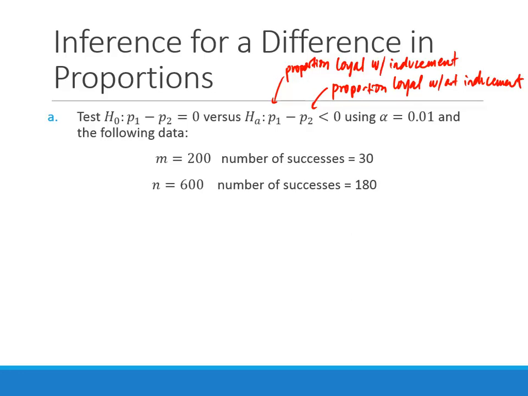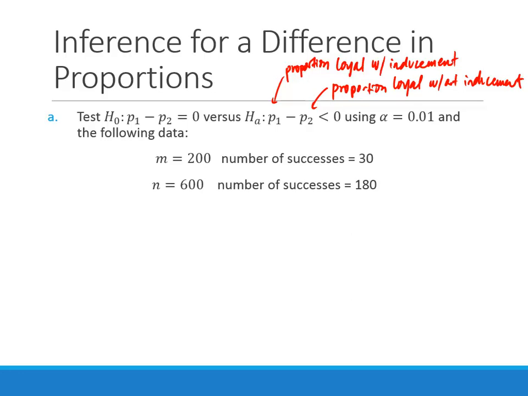And so is that the alternative hypothesis that you would want to test? Does that make sense? Why does a less than 0 make sense there? Because P1 would be smaller, right?